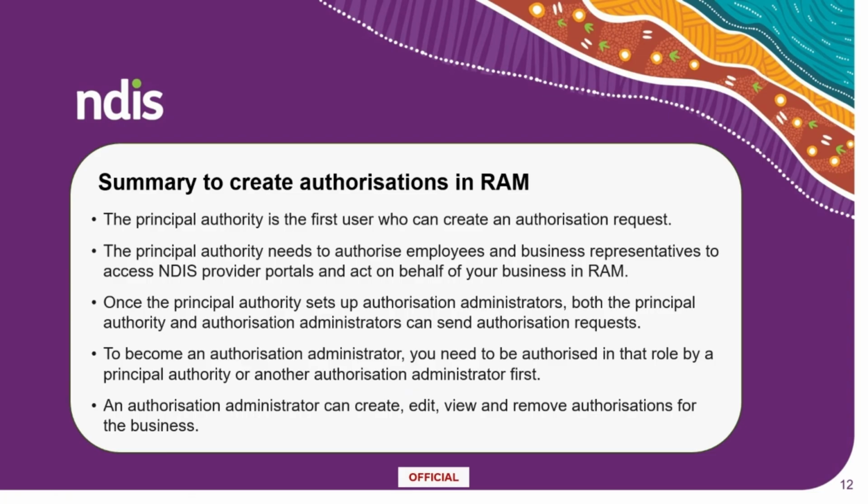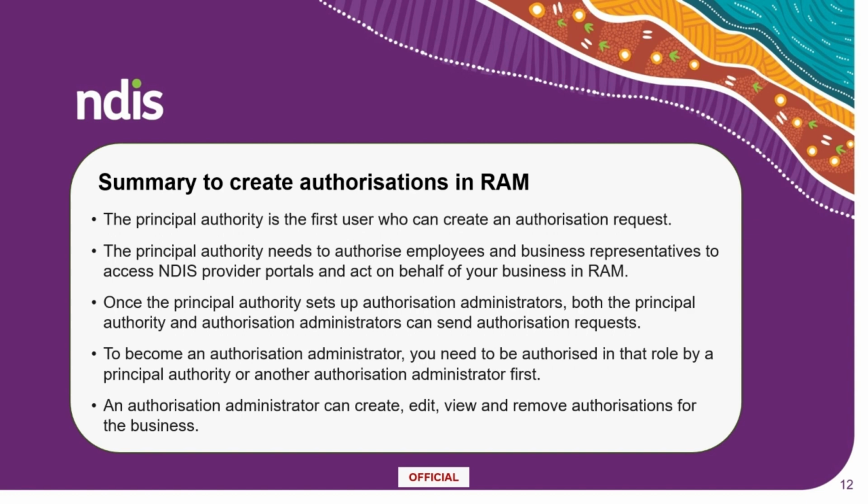To summarize creating authorizations in RAM, the principal authority is the first user who can create an authorization request. The principal authority needs to authorize employees and business representatives to access NDIS provider portals and act on behalf of your business in RAM.